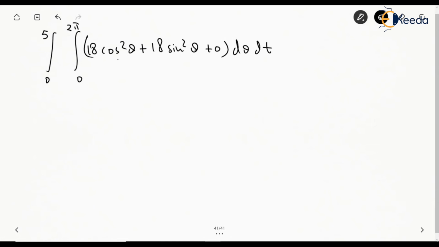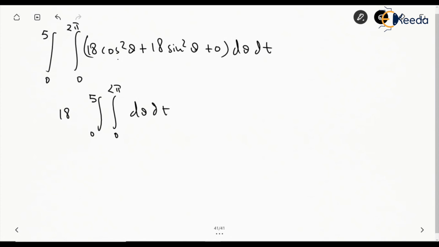So cos square theta plus sin square theta becomes 1, and we are left with 18 times the integral 0 to 2 pi and 0 to 5 d theta dt, right? That is all we are left with.